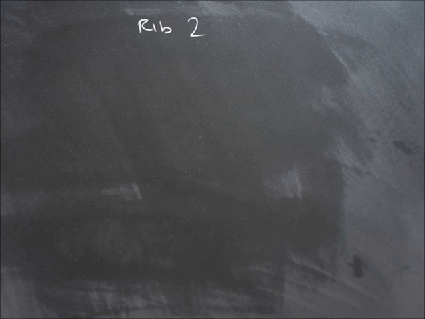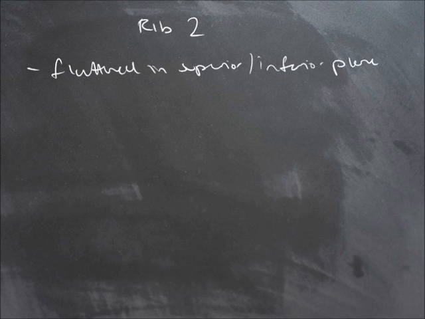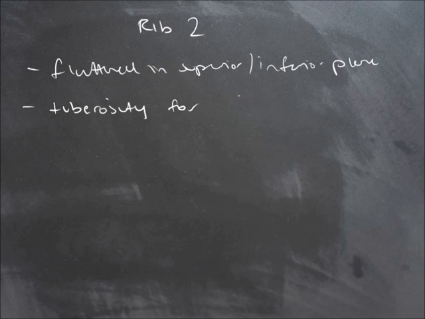Okay, special features of rib 2. Again, it's flattened in the superior inferior plane. This rib has a tuberosity. And this tuberosity is for a muscle called serratus anterior.